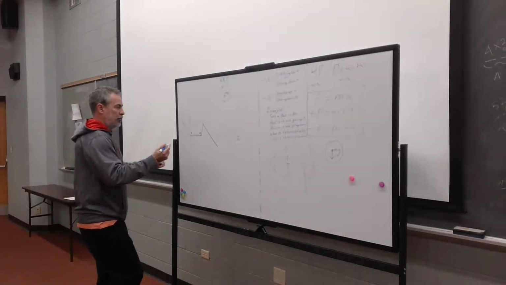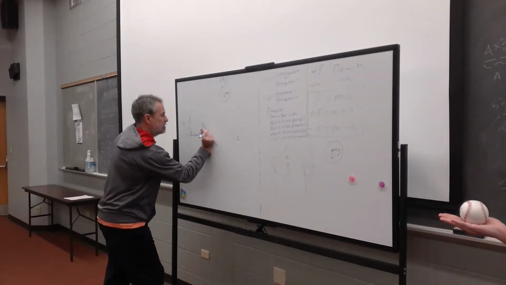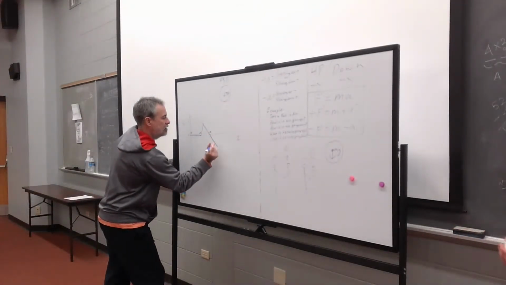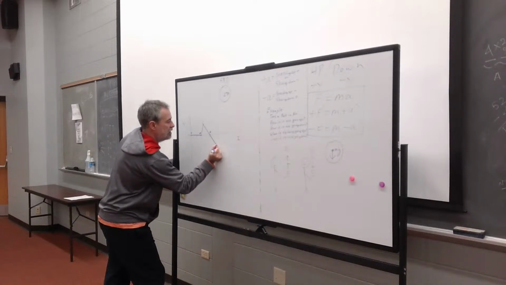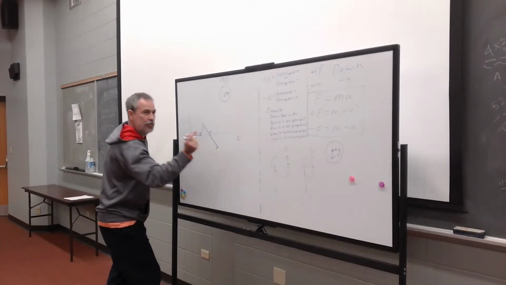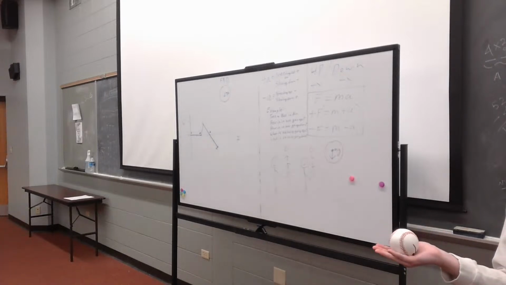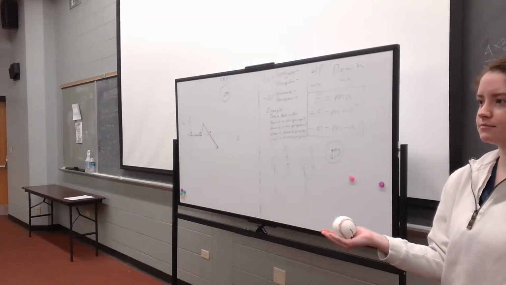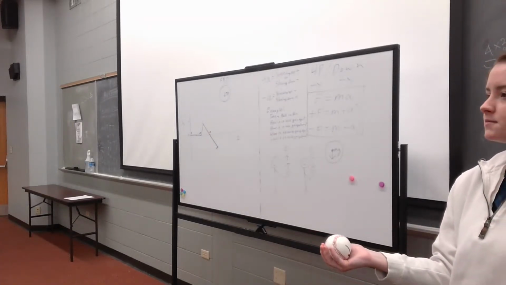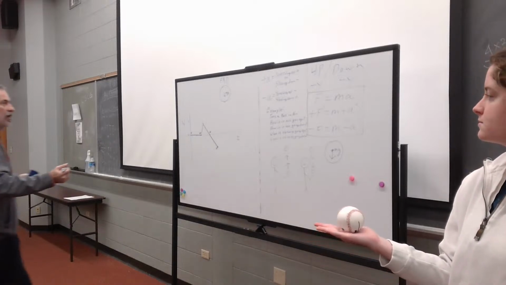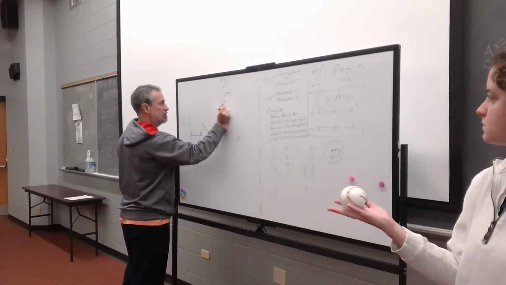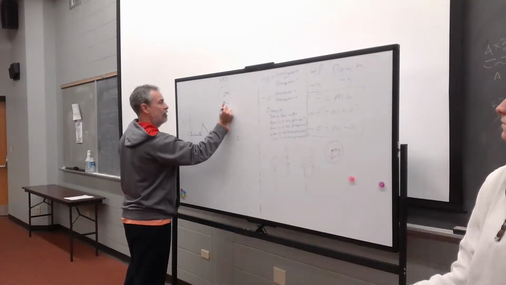All right, the last part, Miriam, that we haven't done yet. So B, C, D, E. Point E is where it hits your hand again. Okay, it's coming back down, and it collides with Miriam's hand. The free body diagram of that will look the same as when we had it before.